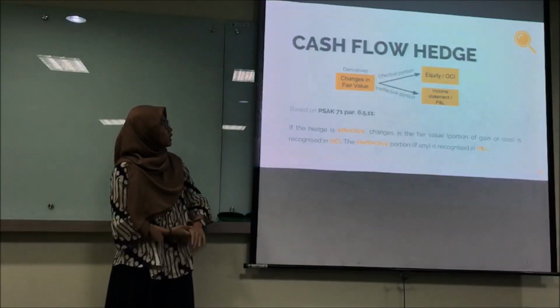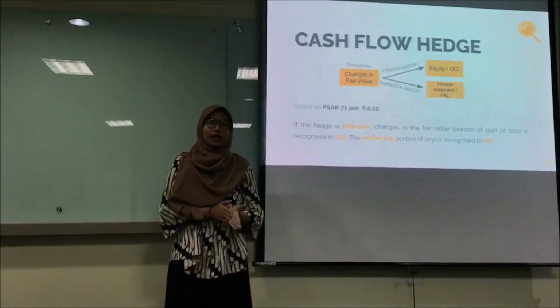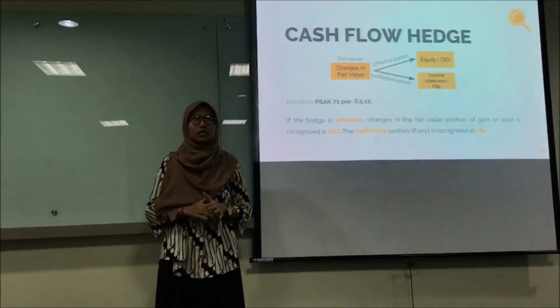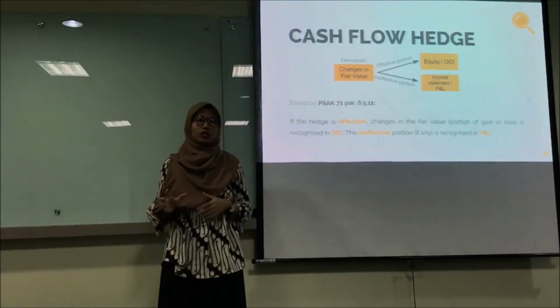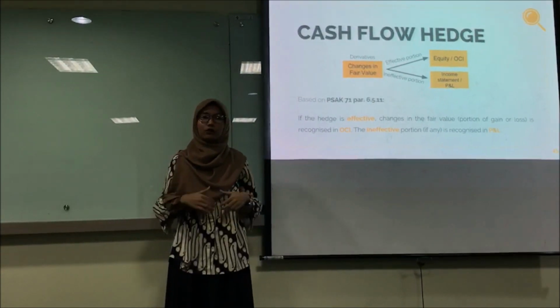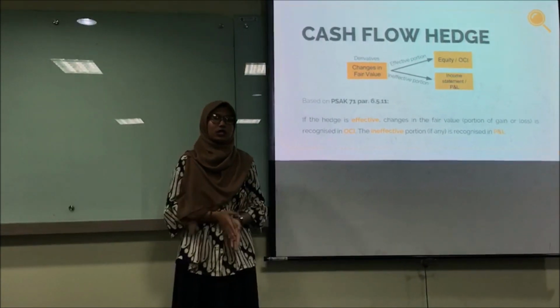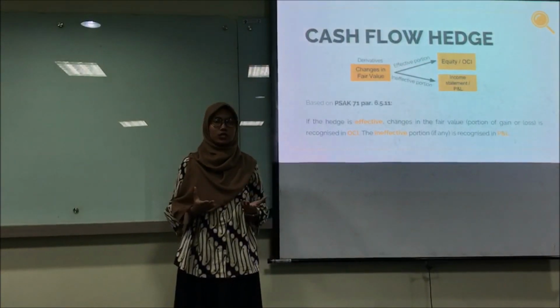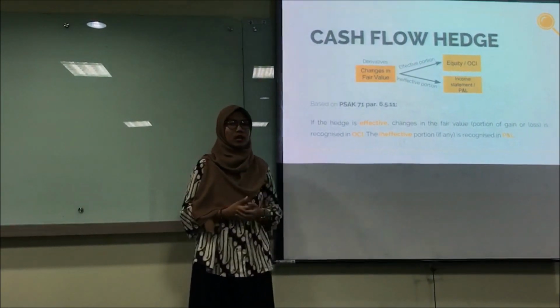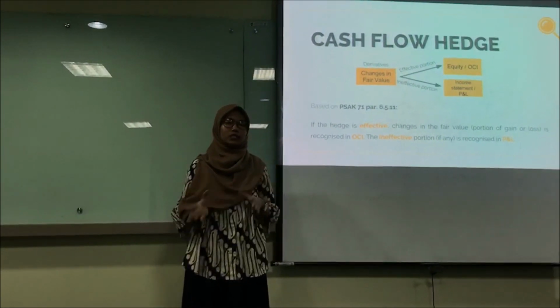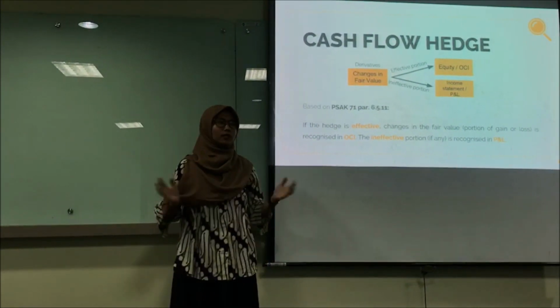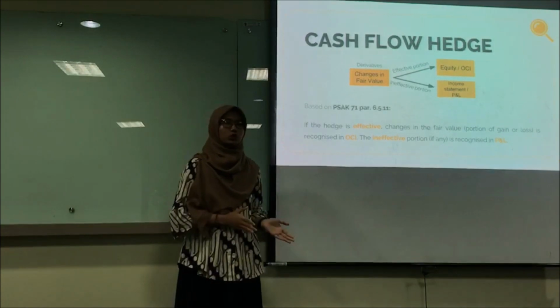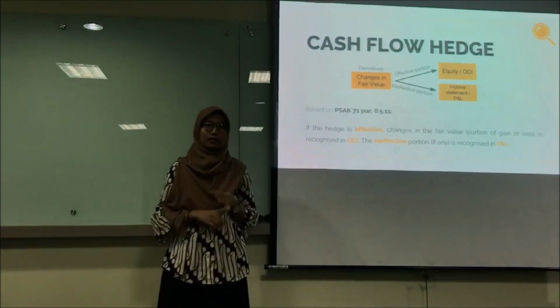Next, we jump into cash flow hedge. So, cash flow hedge is the hedge of changes in the cash flow associated with an asset, liability, or forecasted transaction. Cash flow hedge is used when an entity is looking to eliminate or reduce the exposure that arises from changes in the cash flow of a financial asset or liability or other eligible exposure due to changes in particular risk.